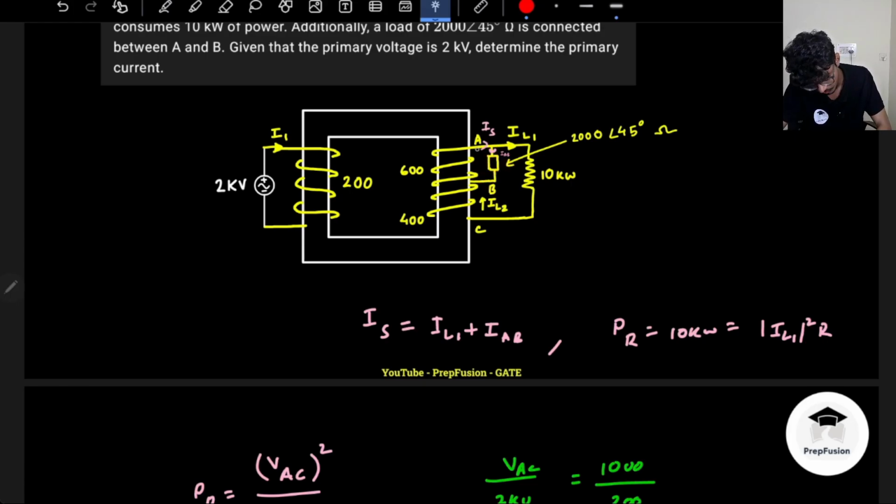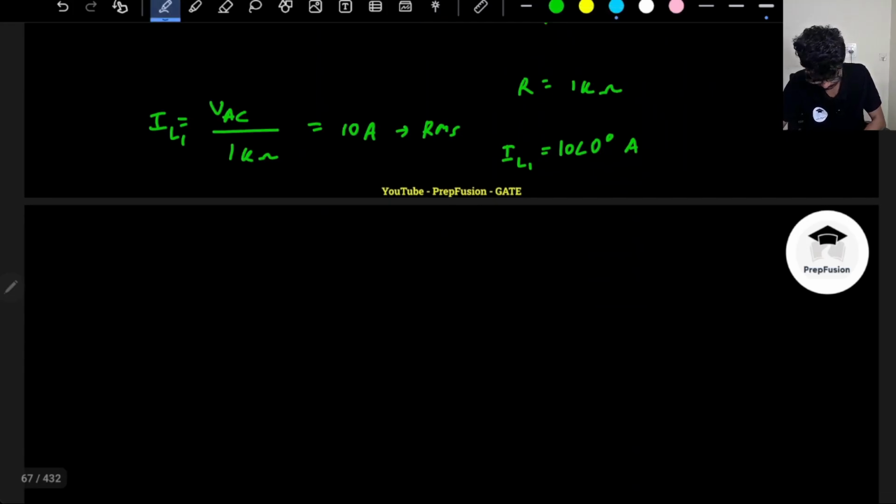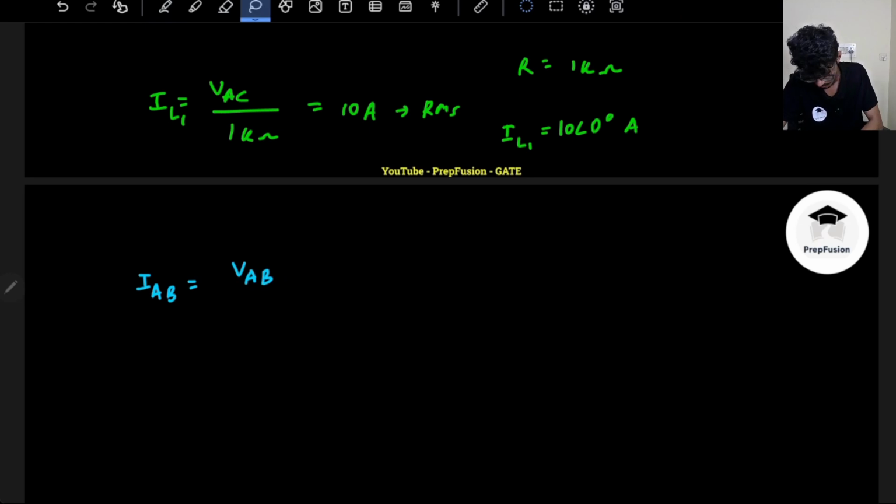IAB will be simply the voltage VAB divided by the impedance ZAB. So what is the voltage?